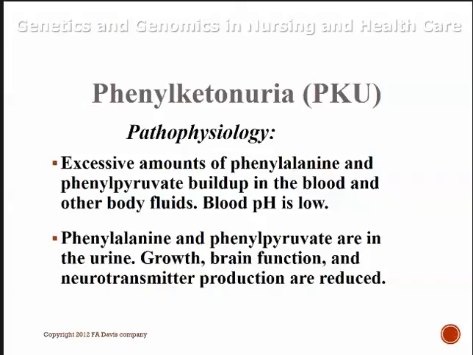This excess affects the developing nervous system, the buildup of the phenylpyruvate and the phenylalanine. So it affects the central nervous system, and you can see the brain function would be reduced, as would be growth.